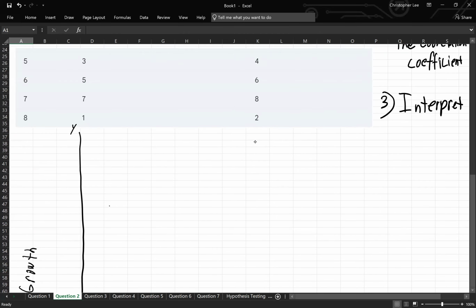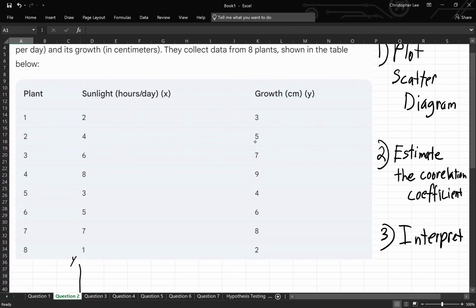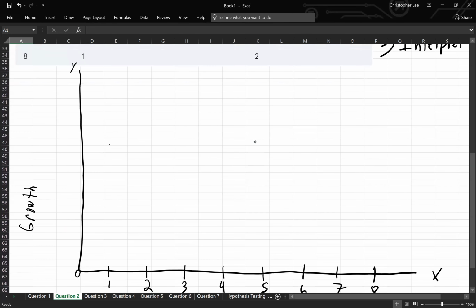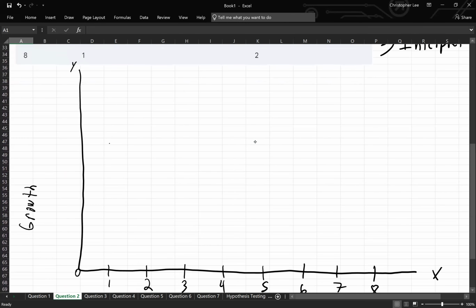Right? I'm gonna look at the growth. I'm looking between 2 and 9. So I'm going up to 10. I feel like I'm gonna go by 2s. So let's call this 2, 4, 6, 8, 10, and just for completion, 12.